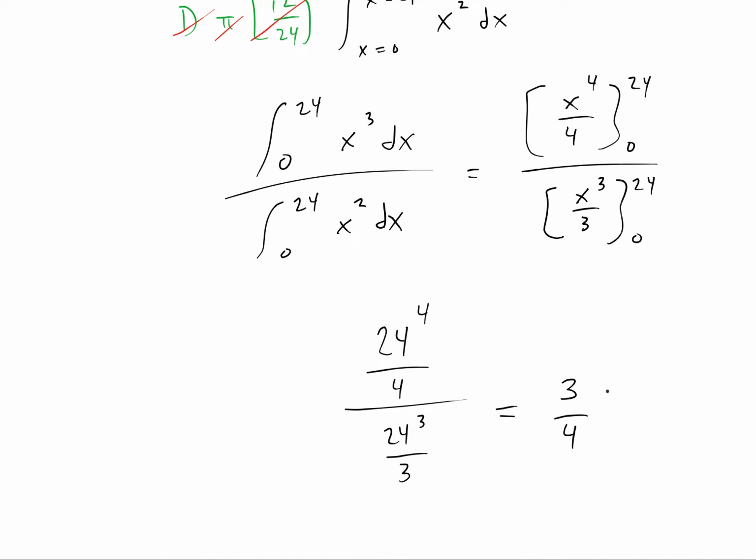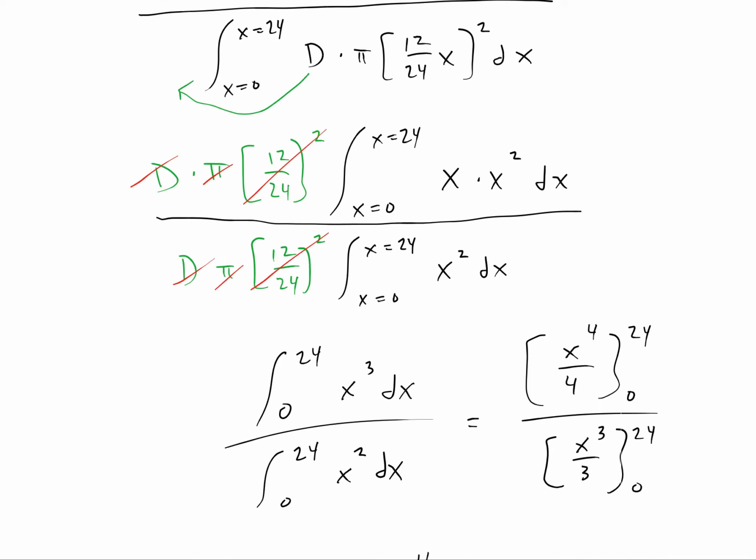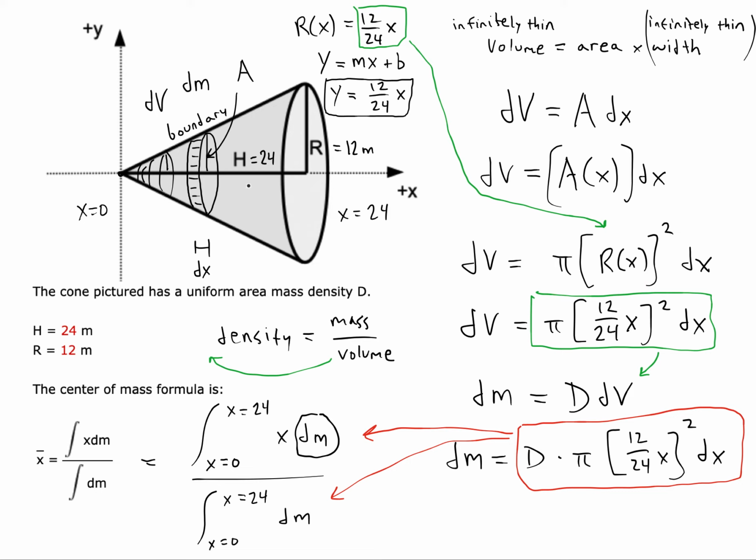the result is 3/4 of 24. And that always happens with a cone. The center of mass is located 3/4 of the way toward the base.